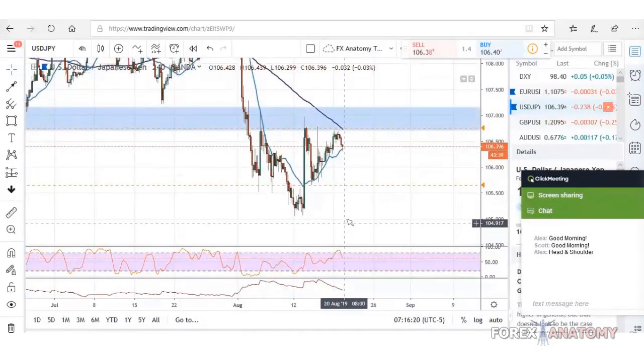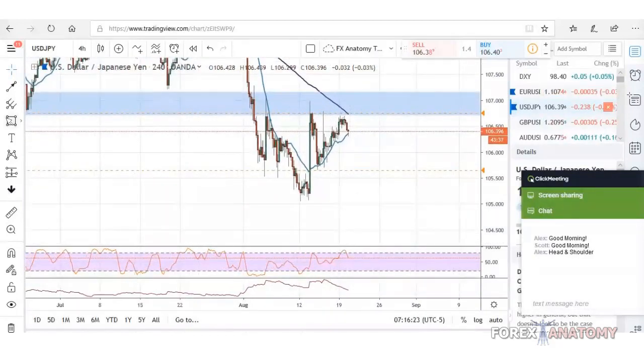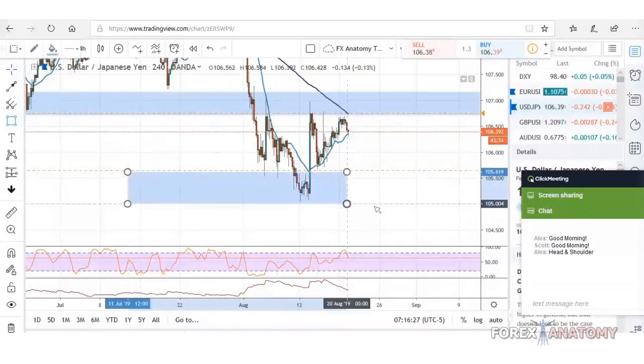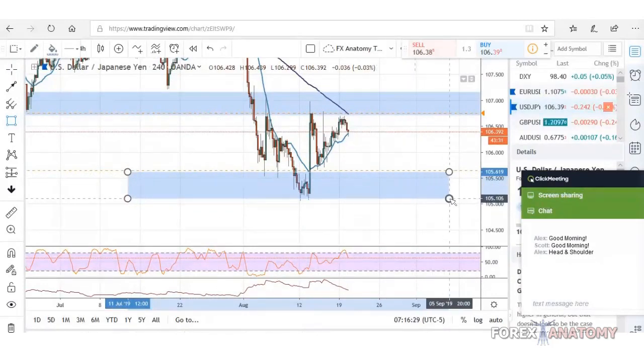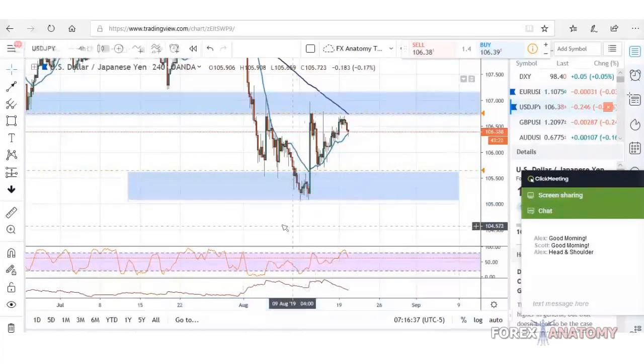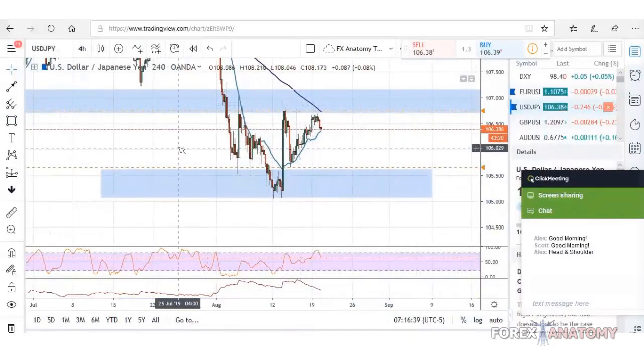So right around here, let me just draw this in. What we see is a zone of support or supply, or demand, and a zone of resistance up here.